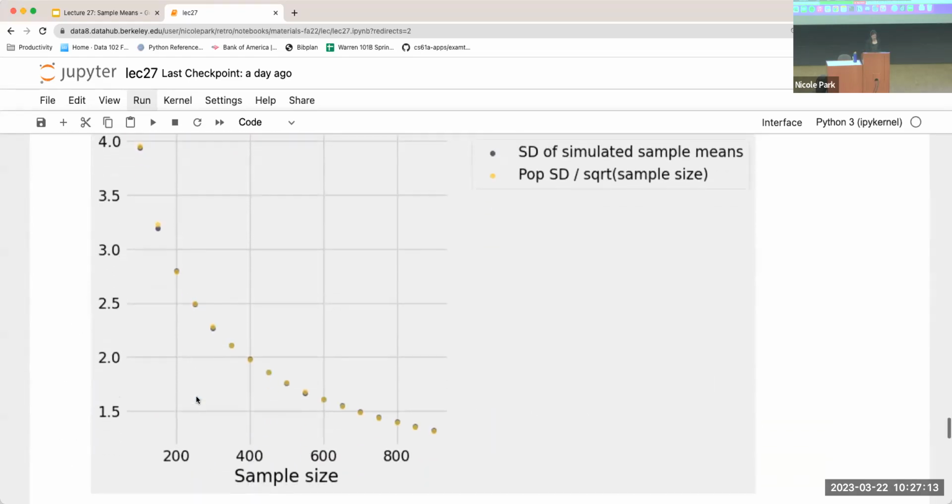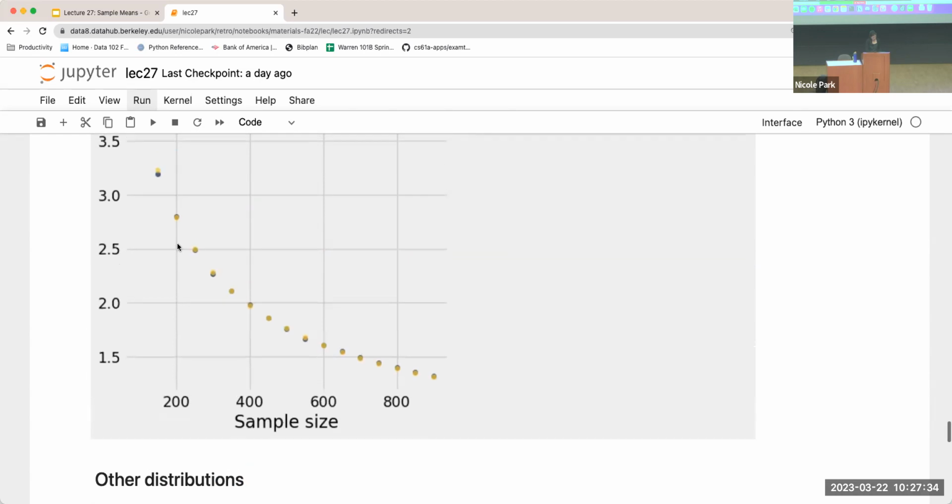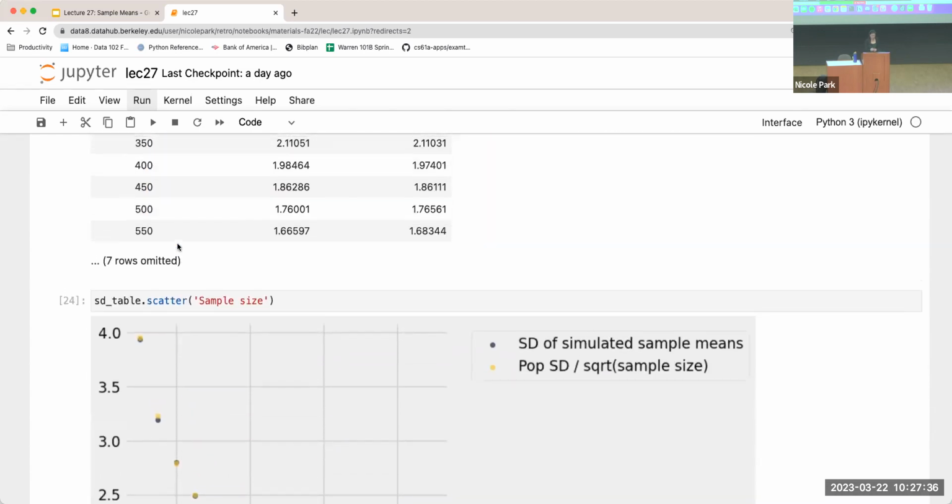So here I have a scatter of what the standard deviation of the simulated sample means looks like and what I would expect it to look like based on the equation. Based on the equation, you'll see that it looks very, very similar. There's a very slight difference in the points for the simulated versus the empirical, what we got. But this is just showing that there is slight variability in the standard deviation of simulated sample means versus when we use the equation itself.